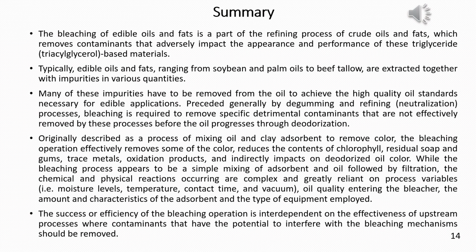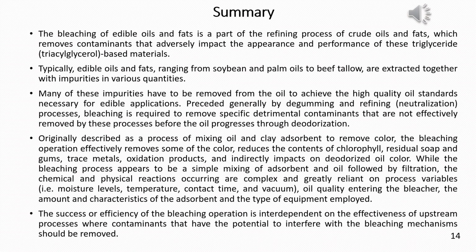For example, moisture level, temperature, contact time, and the vacuum. So it is very important to take care of these conditions while performing the bleaching process, and it is also important to use standard equipment.